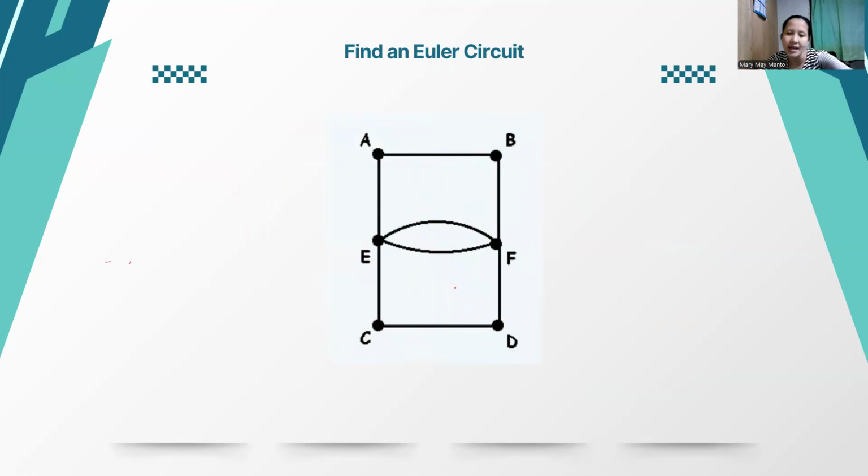Okay, let's try to see. A has a degree of 2. B has a degree of 2 as well, C has a degree of 2, D has a degree of 2, E has 4, and F has 4. I mean to say it is possible for us to get an Euler circuit.